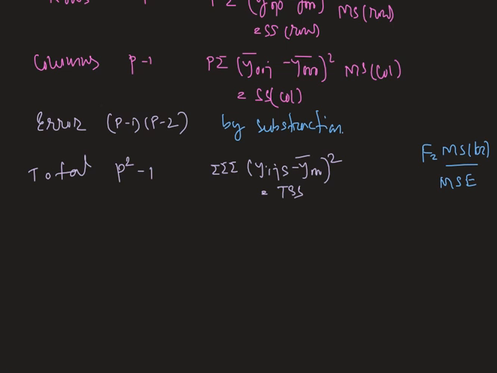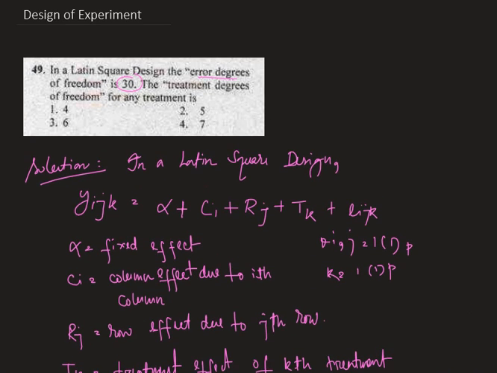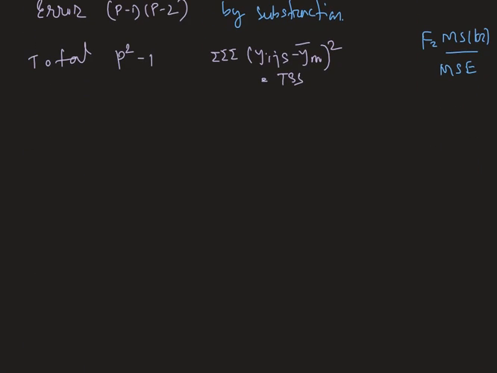Now in this problem, we have been told that the error degrees of freedom is 30. So by the question, p minus 1 into p minus 2 is 30.